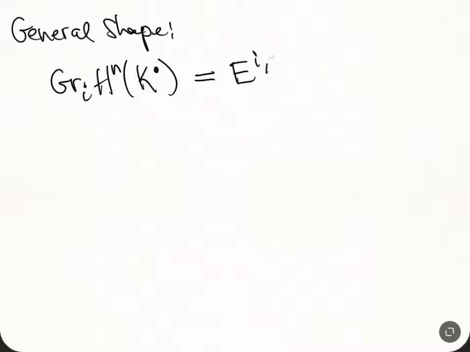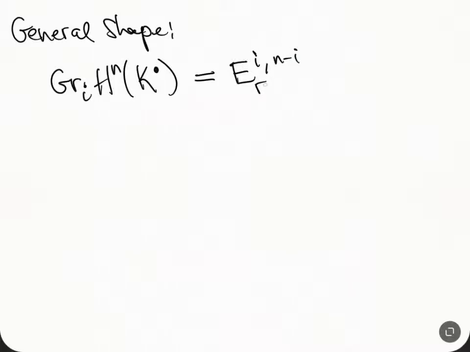So what we'll do is we'll take H^n(K^•). So we have this complex with this filtration. And then what it says is that the ith graded piece is going to be equal to E^{i, n-i}_r.